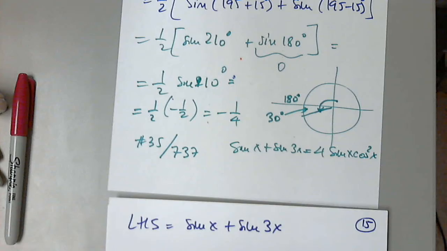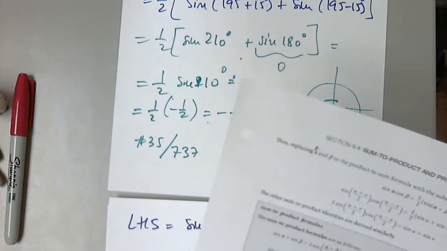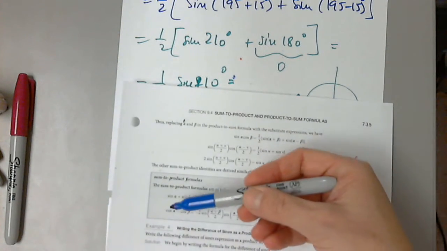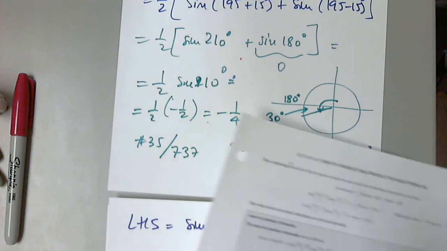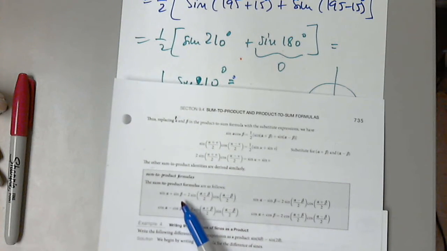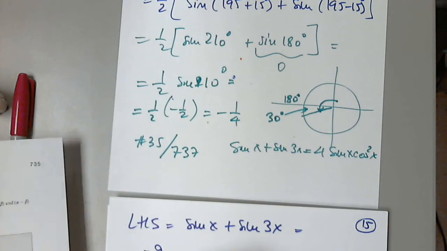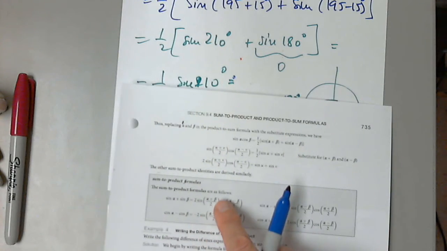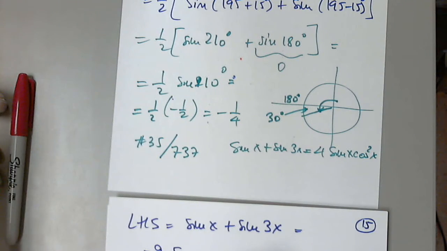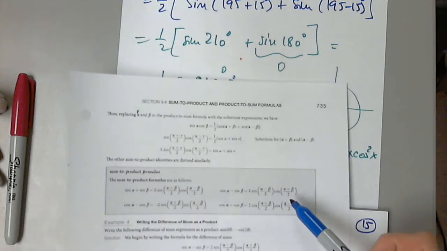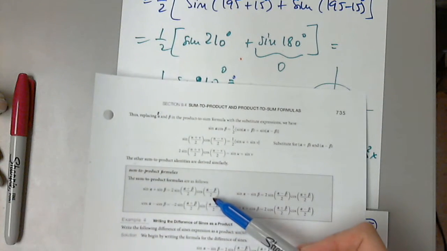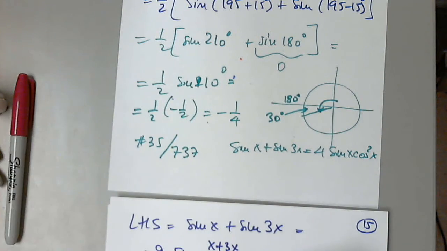This is a case of a sum to be changed into a product. We have 4 identities, but this is sine plus sine. So that equals 2 times sine of the sum divided by 2, x plus 3x over 2, times cosine of the difference over 2, cosine x minus 3x divided by 2.